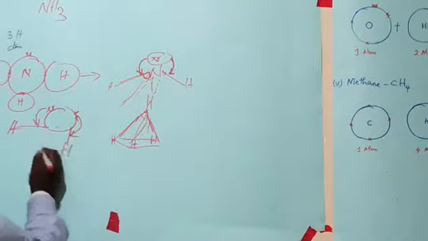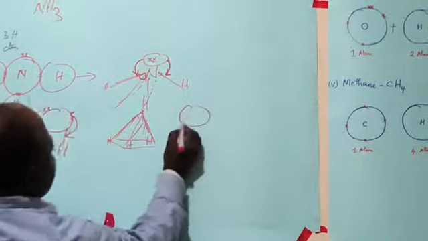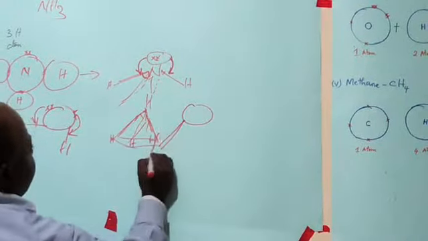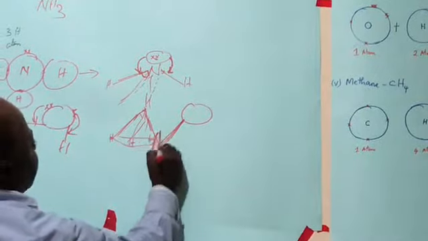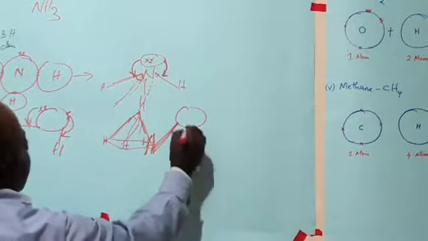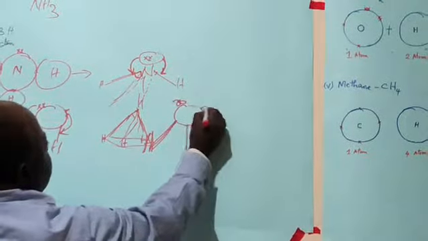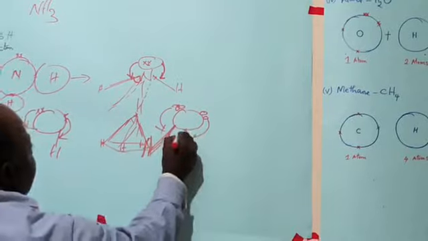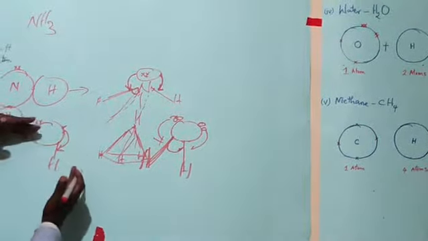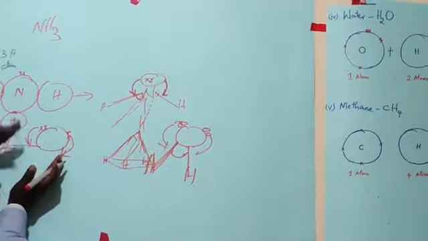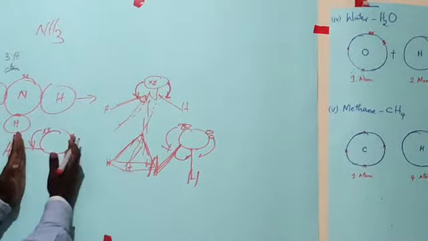At the end of the day, the effect of the lone pairs of electrons is reducing the bond angle. So it has pushed this angle closer. It has also pushed this oxygen-hydrogen bond closer, and this other one closer.